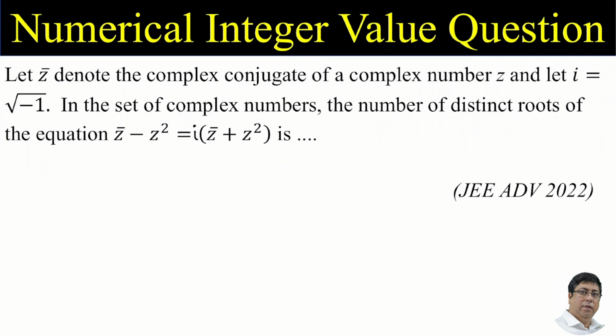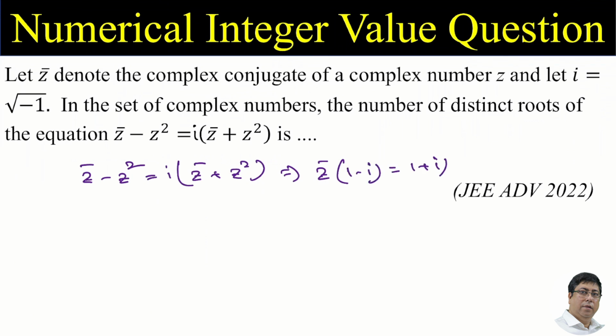Let us write z bar minus z square equals i into z bar plus z square. Taking z bar common on the left hand side, we get 1 minus i, equal to 1 plus i into z square.